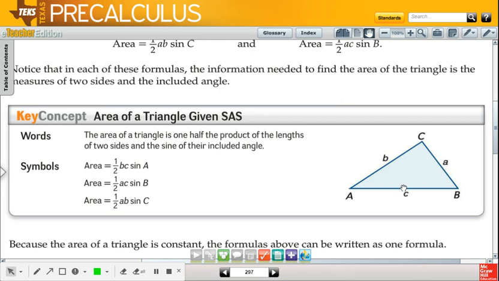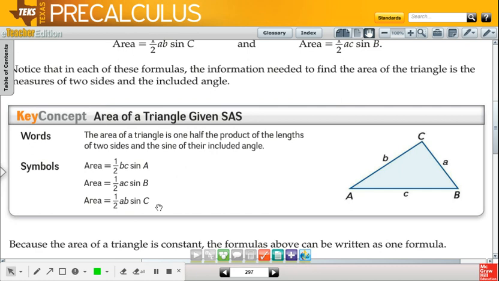For example, if you label your triangle just like in the example right here, and they gave you the value for side b and side c and the measure of angle A, then you would follow the first format. And if you had the value for side a, the value for side b, and the value for angle C, then you follow the third format.